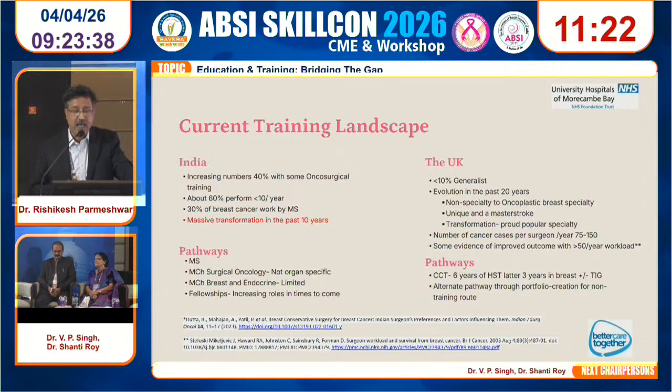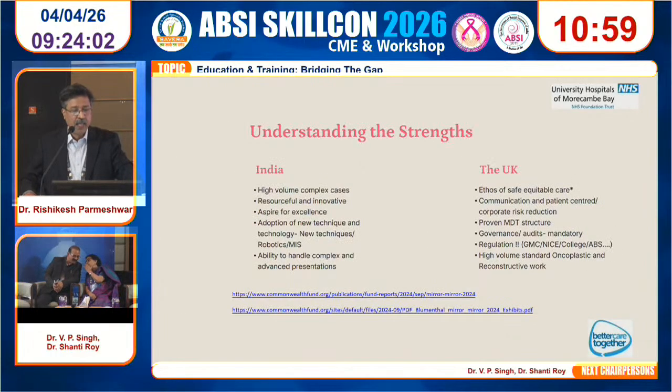That led to an increase in interest, and we can say that breast surgery in the UK is mostly performed by those who are qualified to do it. So there's a bit of difference, and that is done through a defined pathway. It is 8 years of training, and the final 3 years is dedicated to breast surgery if they want to do breast as a specialty.